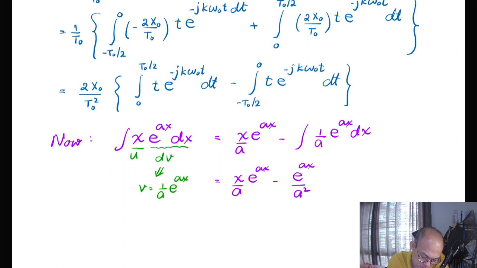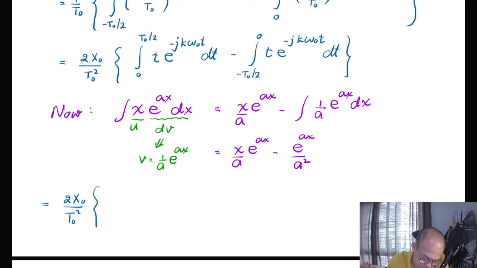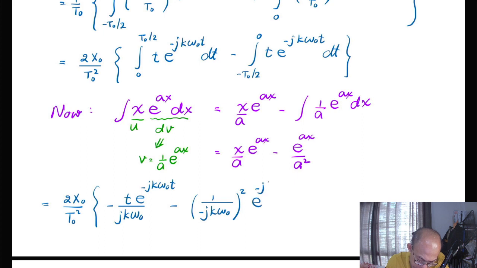So the above integral turns out to be 2 x0 over t0 squared, and inside the parenthesis is minus t over j k omega 0 e to the minus j k omega 0 t, and then minus 1 over minus j k omega 0 squared e to the minus j k omega 0 t.